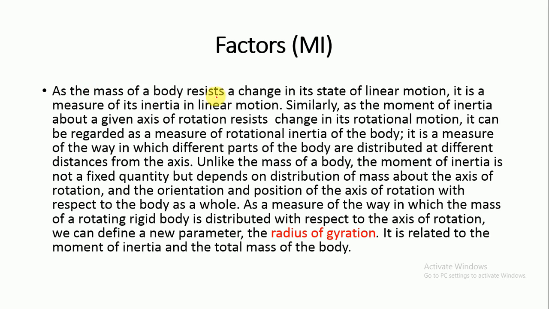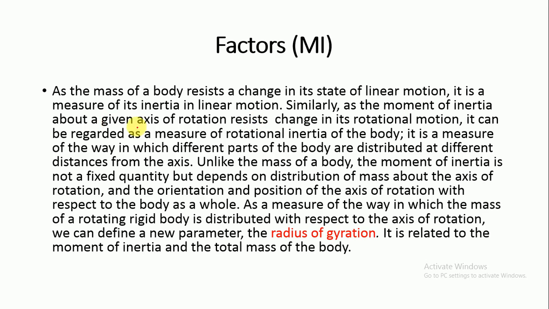As the mass of the body resists a change in its state of linear motion, it is a measure of its inertia in linear motion. So we already know that inertia is the resistance of a body to change its state of rest or motion. So the mass is a measure of the inertia in linear motion.